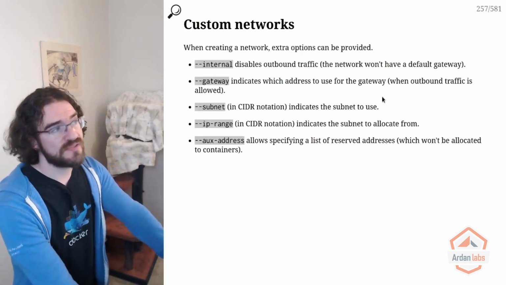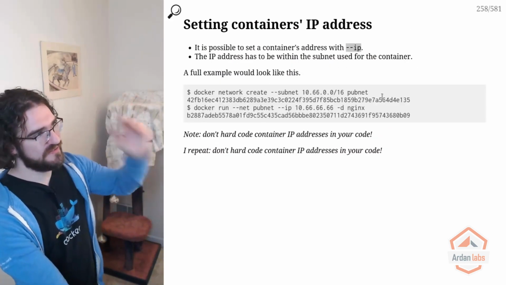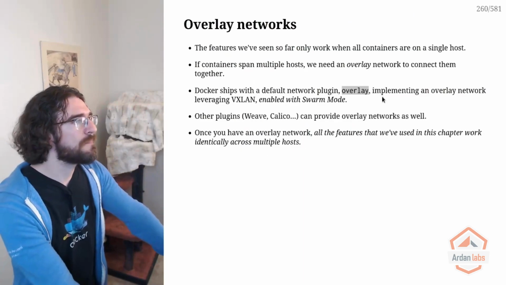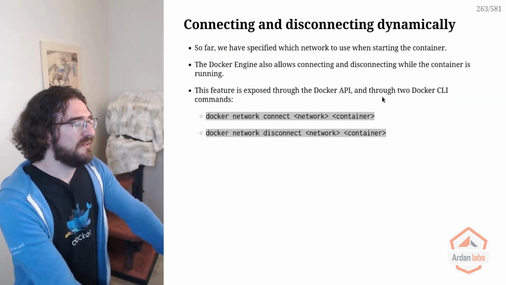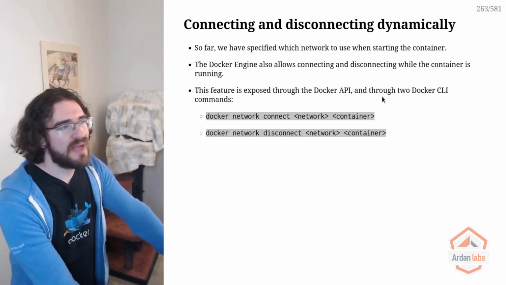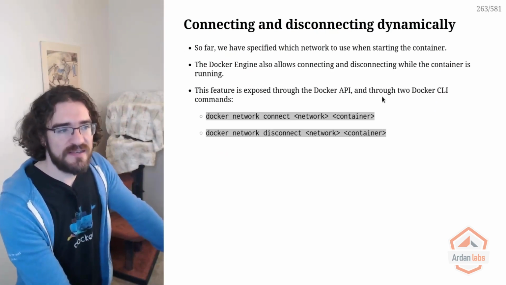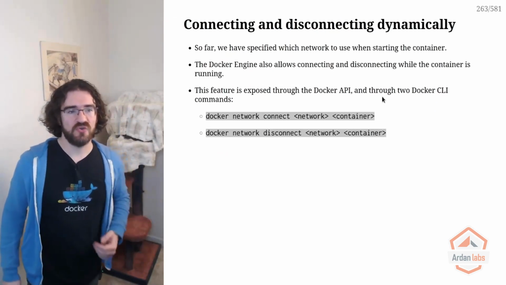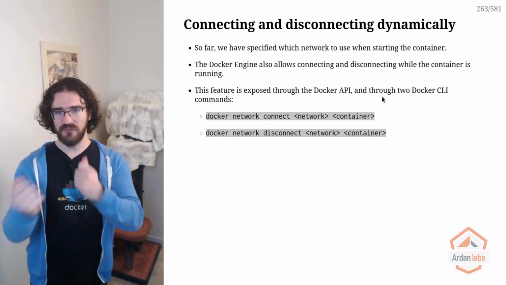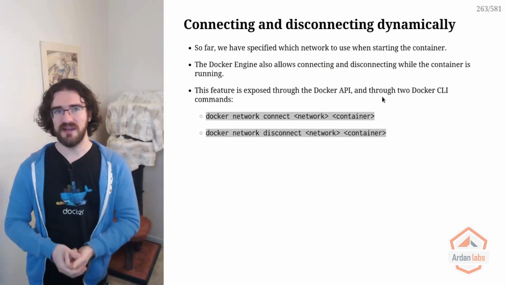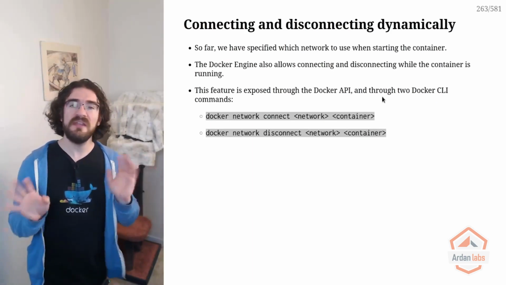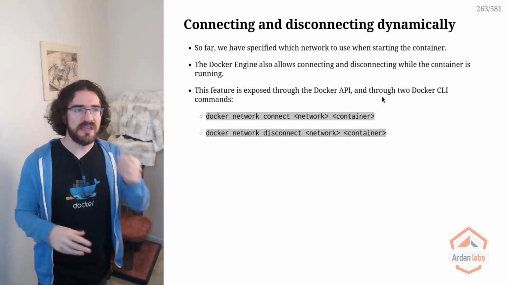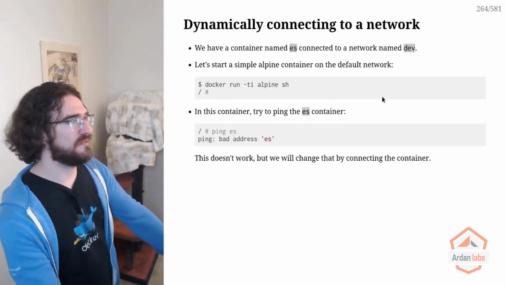But if you're curious, there are many other details in the slides here. All right. One thing, I'm just mentioning this just in case, but if you want, you can also connect and disconnect containers to networks dynamically. There are not many use cases for that, but just in case, if you're wondering, yes, it's possible.